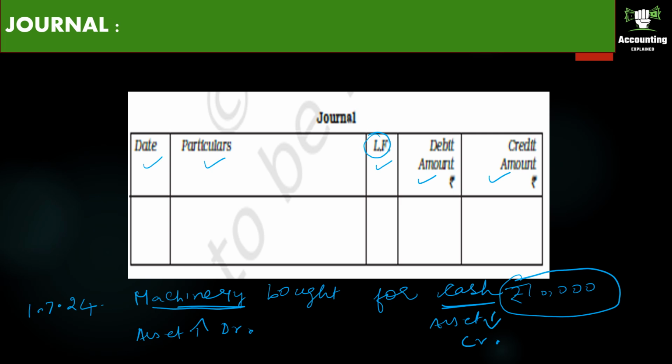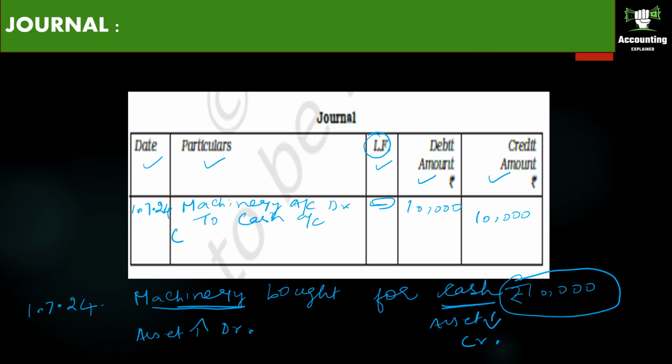So the journal entry will be like this. First write the date, machinery account debit, ledger folio number will be filled later, we don't know about this, so we will leave it blank, 10,000. Indent and write the credit amount to cash account. Write on the credit side 10,000 rupees. Write the narration now, that is a must.